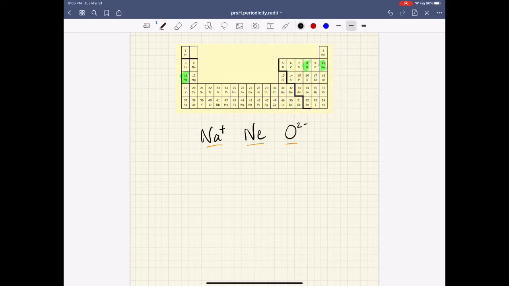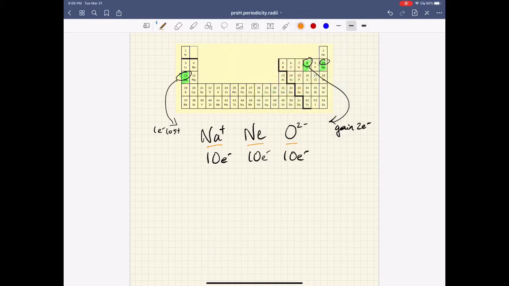You can see that sodium has 11 electrons, but to turn into a sodium ion, 1 electron must be lost or stolen, resulting in 10 electrons. Neon, of course, on the periodic table has 10 electrons, and oxygen with 8 must gain 2 electrons to become oxygen 2-, resulting in 10 electrons.